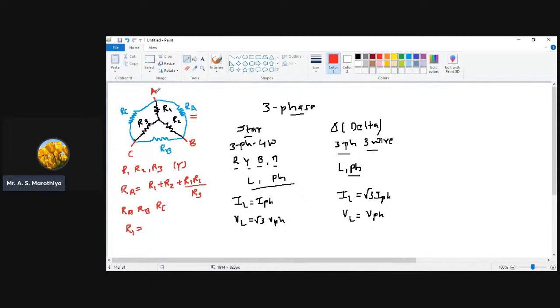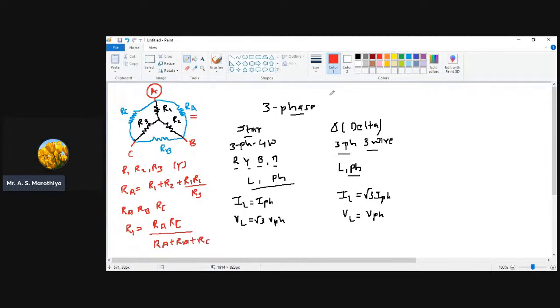R1 is connected at terminal number 1, or you can say terminal A. So here we can write the product of RA into RC whole divided by the addition of all the resistances. So it is going to be RA into RC divided by RA plus RB plus RC.